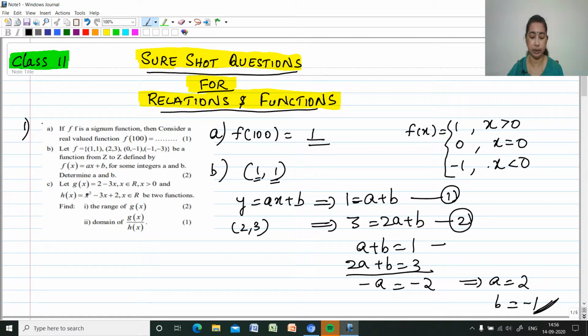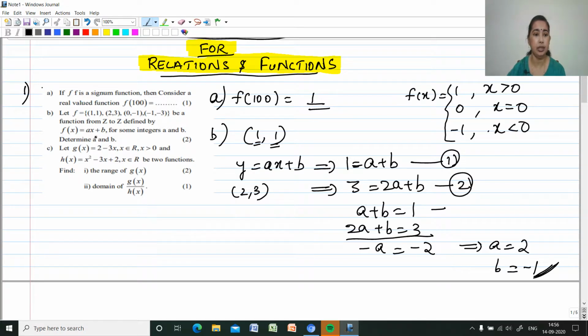What about the third one? Third one is to find out the range of g of x and the domain of g of x by h of x. So here, given g of x is 2 minus 3x, and x is given that is greater than 0. If I am putting the values of x greater than 0, what happens to g of x? Just substitute and see. If we give x equal to 0, it is 2.